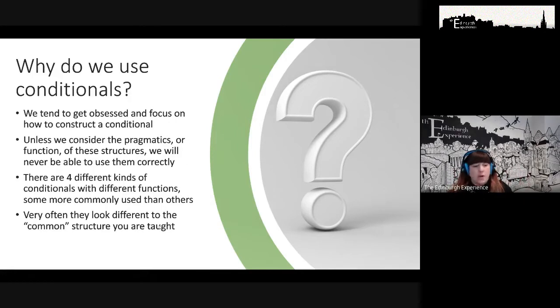So we're going to have a look at the first conditional today, and all of the different ways we express it as well. We're also going to have a think about the pronunciation aspects related to the first conditional too.